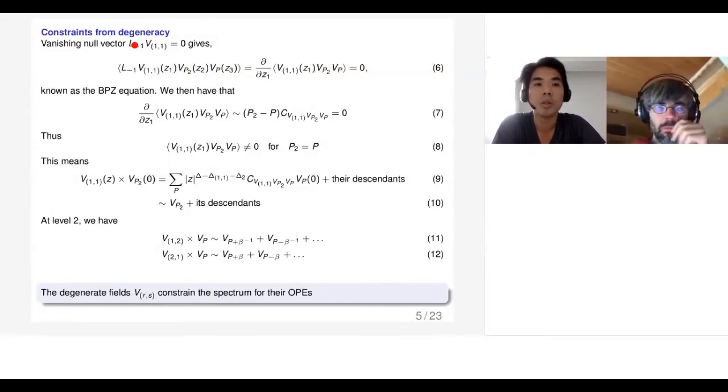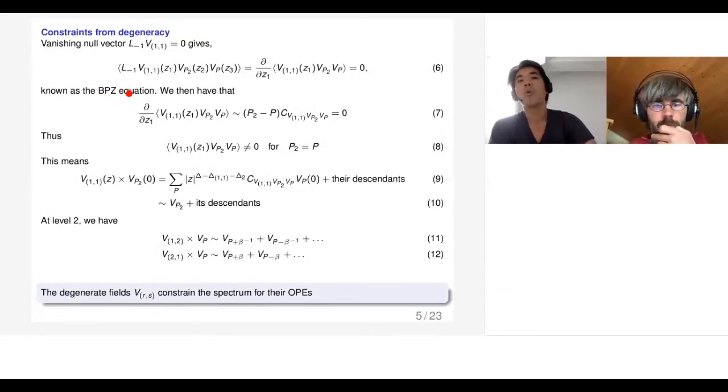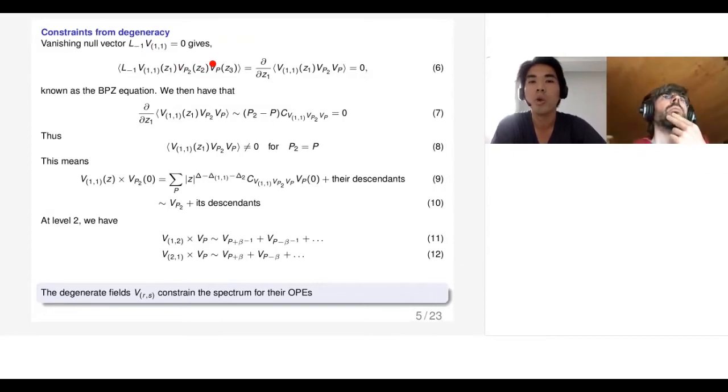For instance, if we have this null vector at level 1 here, and then insert it into this 3-point function here, the whole thing must vanish, and we obtain a constraint on this 3-point function, which is an example of the so-called BPZ equation, where BPZ stands for Belavin, Polyakov, and Zamolodchikov. And one could, of course, obtain this BPZ equation at higher order by just inserting a null vector at higher level into this kind of 3-point function, or even more general correlation functions.